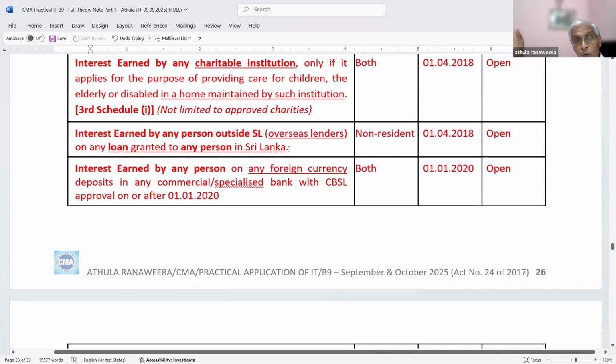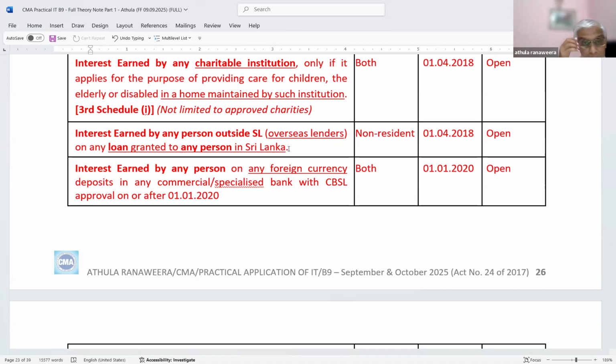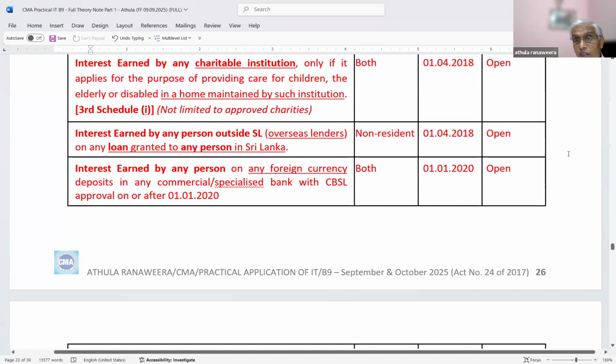A foreigner can give a loan to an individual, or my company can obtain a loan, or government can obtain a loan, or a bank can obtain a loan, right? In any case, as far as it is a loan, the interest is tax-free for them.